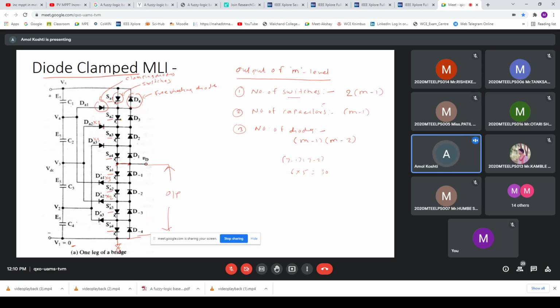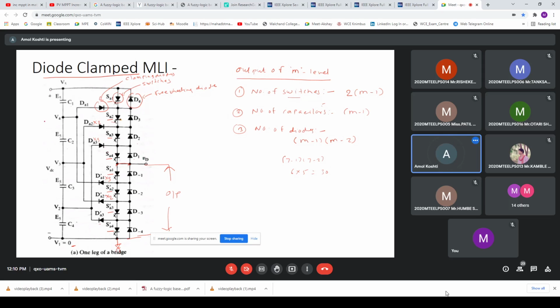We have to write a code in the controller as per our need or as per the sequence of the switches we are using. We have to apply gate pulses to the respective gate terminals of these SCRs, and then produce the output. Just for understanding, I will tell you.